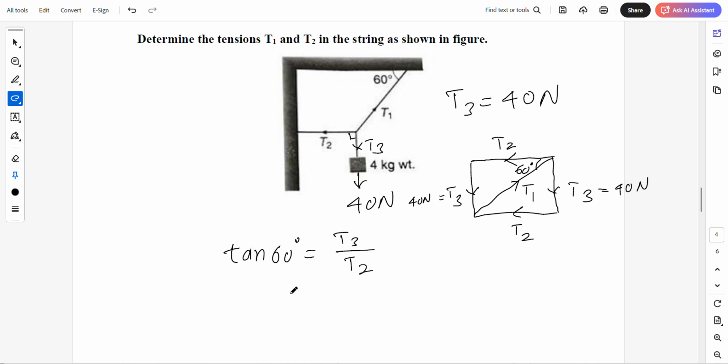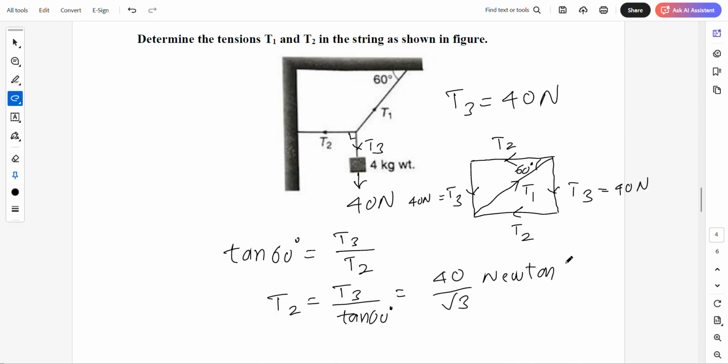From here you can calculate T2. T2 is equal to T3 by tan 60 degree, that is 40 by tan 60, which is root 3. 40 by root 3 newtons.